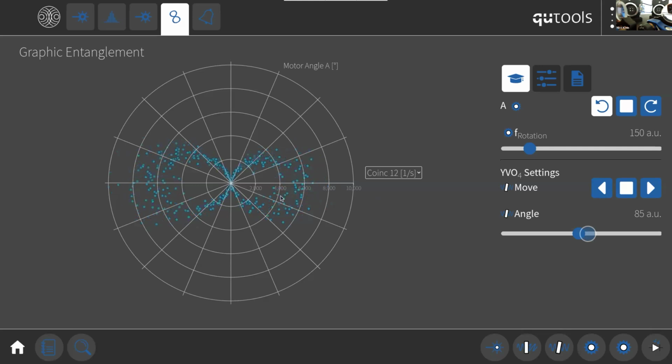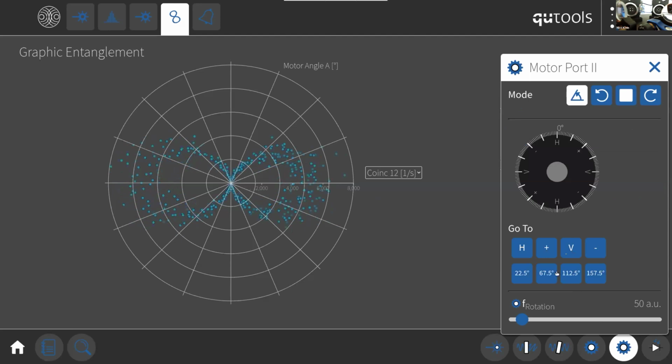So now I have one motor set constantly to horizontal, and on the other side, I measure the highest count rate at horizontal and the lowest count rate at vertical. Because if I measure a horizontal photon on the one side with the fixed polarizer, I basically know that on the other side I will also have a horizontal photon. And of course, this is also true if I go to a vertical orientation of the second polarizer. You can see now the axis changes to vertical.